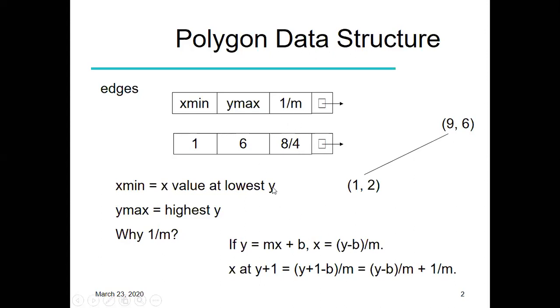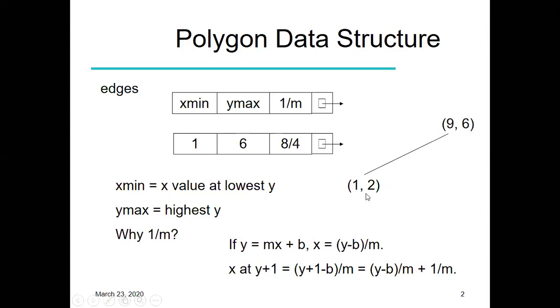So yeah, this is the mathematics, and I believe you're done with this. I'll summarize. Take any edge. It has x min, y min, x max, y max, and the bucket table. This is what we call a bucket table. The bucket table has 3 fields: x min, y max, and 1 by m. So x min is 1 here, and y max is 6.